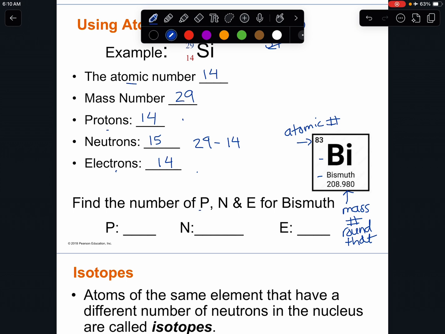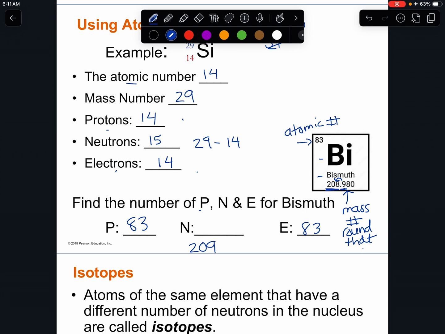So for bismuth, the number of protons is going to be the atomic number, 83. We don't have anything telling us that this is an ion, so we're going to write the electrons as 83. And then our neutrons, I told you we're going to round the mass. Remember, when you round to a whole number, you have to look at what's next to it. This is a 9, so this would increase to 209 instead of 208. You do not just cut it.